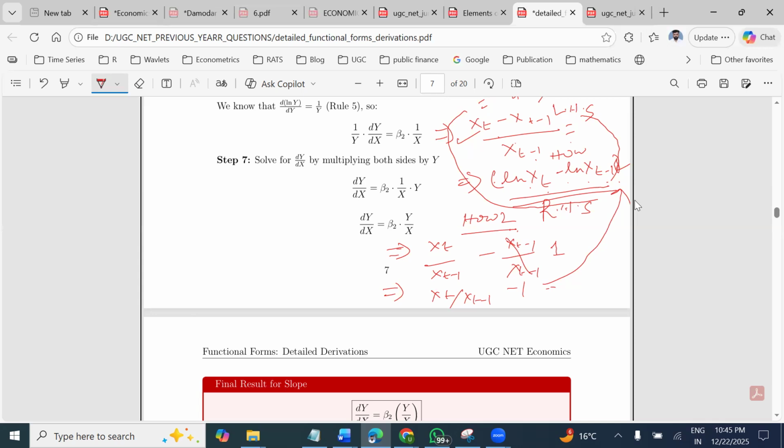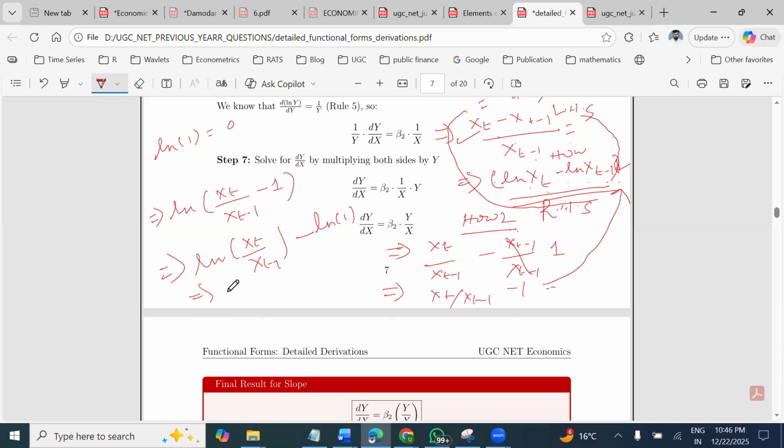Okay. Sangeeta, what is the value of ln 1? 0, sir. Okay, very good. Now if I take the LHS, ln of xt upon xt minus 1, the whole, I will convert it. So ln (xt upon xt minus 1) minus ln 1. Isn't it?